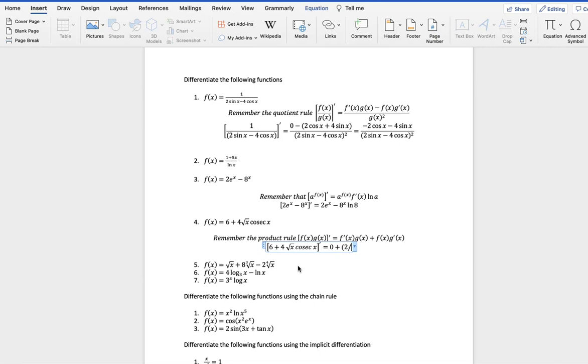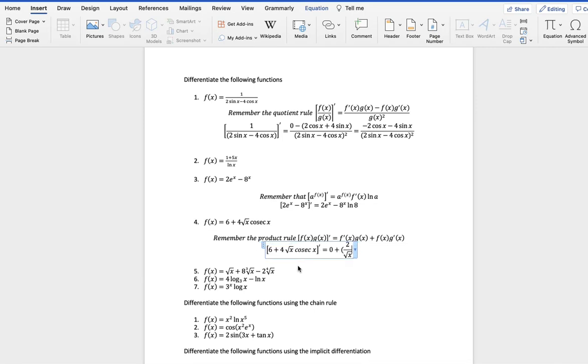2 over root x times cosec x minus 4 square root of x times cot x cosec x. So you said 2 over root of x times cosec x, and then minus 4 square root of x. Okay, let's take out the 4 outside first. And then what?